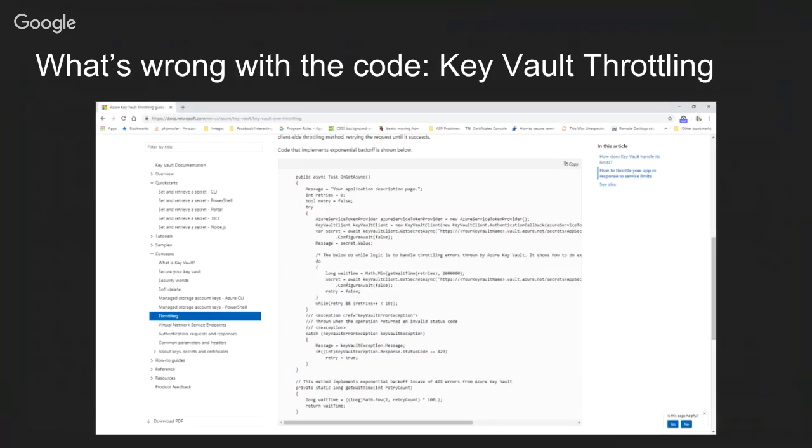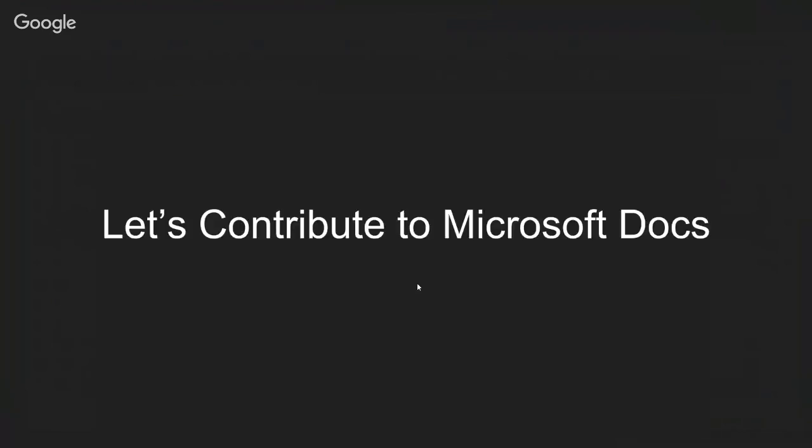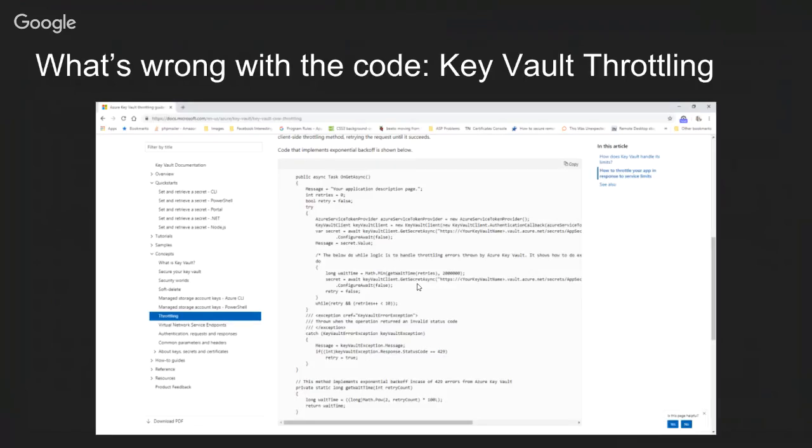But when I tried to learn it, there was something wrong in the Microsoft official documentation. I'm not sure whether you can see it. Actually, it's a screenshot, because they removed it after I submitted my pull request to the documentation. What they got wrong is that they need to handle Key Vault throttling, because they do not want you to keep accessing the Key Vault.